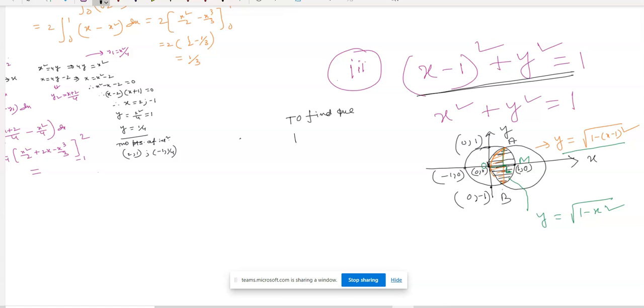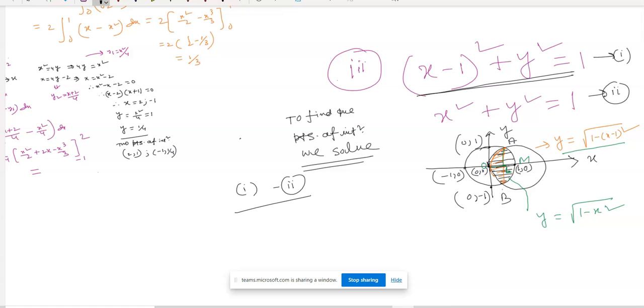To find the points of intersection, we solve two equations algebraically. These two. This is your number 1 and this is number 2. Just subtract 2 from 1.